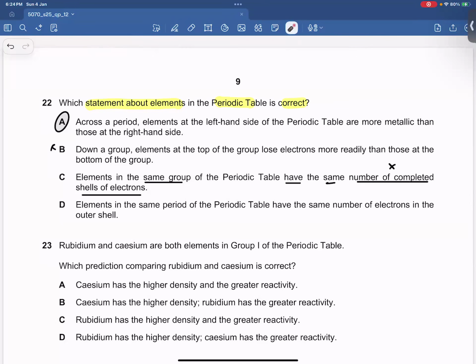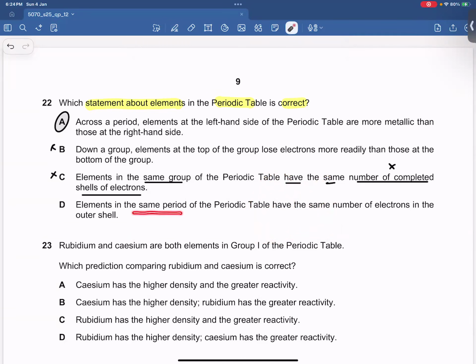For instance, lithium has 2 shells, sodium has 3 shells, potassium has 4 shells. Although all of them are found in the same group, they have different numbers of shells. So that statement is not correct. Okay, not acceptable at all. So option C is also incorrect.